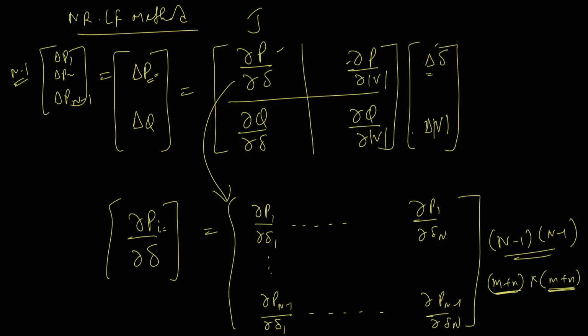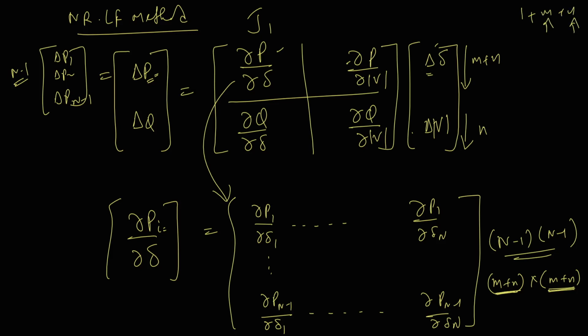This is running to m plus n. Here m is load buses and n is generator buses.